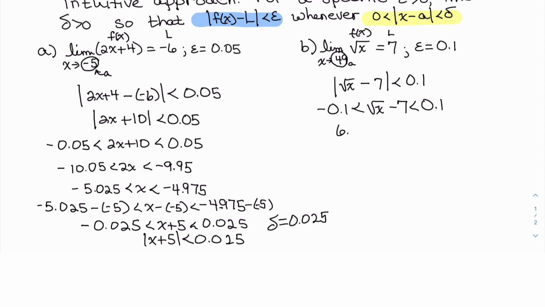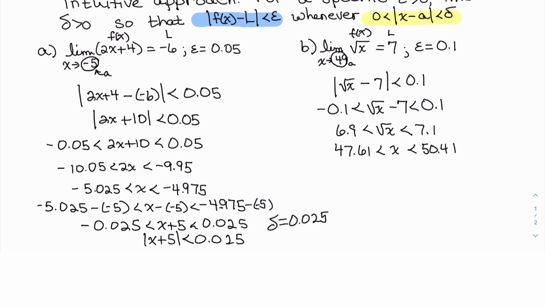I have 6.9 is less than the square root of x, which is less than 7.1. Now I've got that square root in the middle. I can square all three parts and the inequality stays the same. So I have 47.61 is less than x, which is less than 50.41.